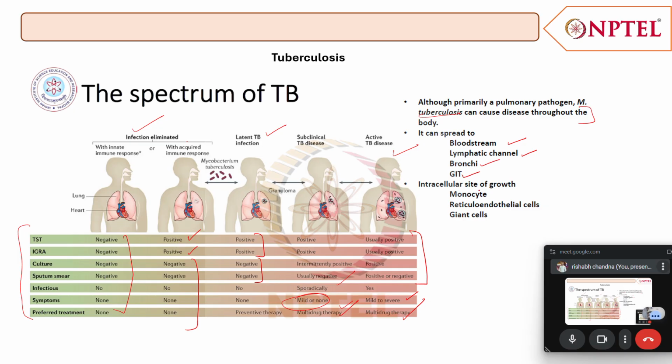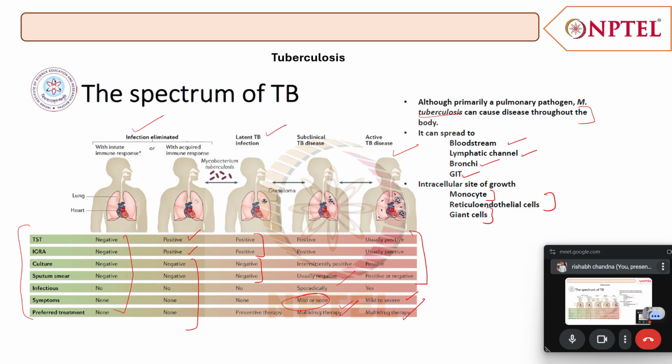Intracellular site growth happens at monocyte, reticuloendothelial cells, and the giant cells that we saw in the granuloma. Okay, so this is how the spectrum of TB is seen and how it gets the treatment.